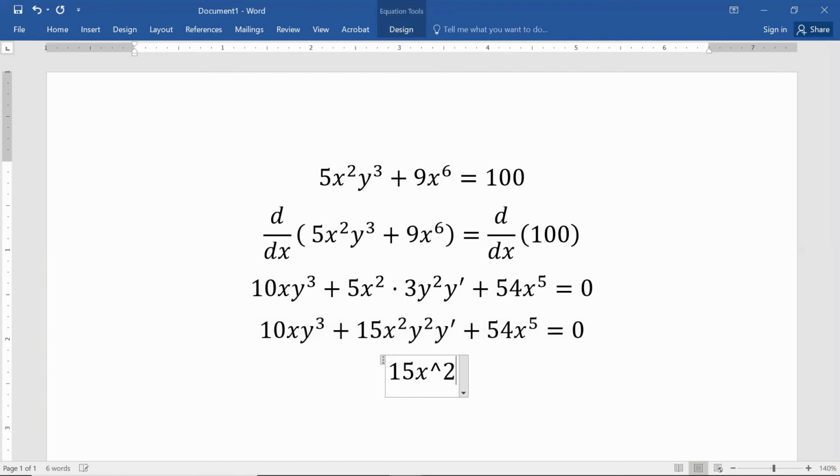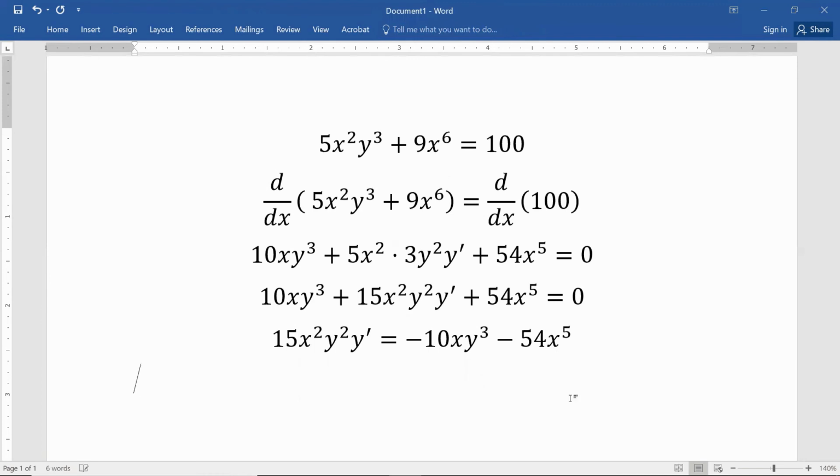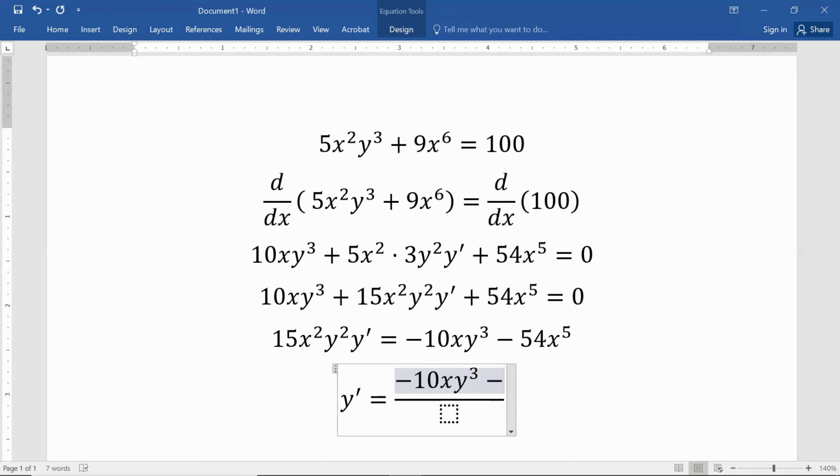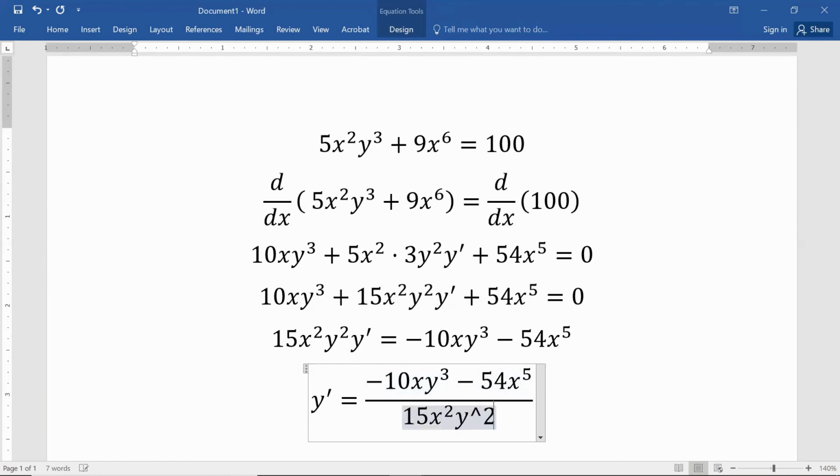And the other terms, I'm going to move to the right by subtracting 10xy to the third and subtracting 54x to the fifth. And then I can solve by dividing by the coefficient of y prime. We are going to get a big ugly fraction, 10xy to the third minus 54x to the fifth, all divided by 15x squared y squared.